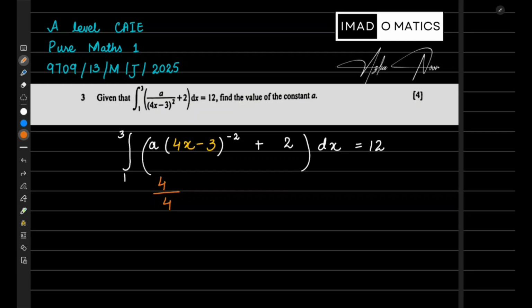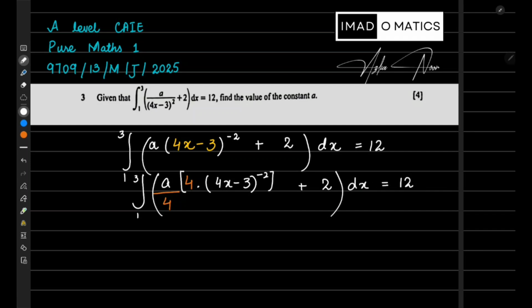What we should be doing is write it in the correct format: a over 4 taking it outside, then 4 times (4x minus 3) to the power minus 2. Now this a over 4 is just a constant term, it will stay outside the integral, plus 2 dx equals 12.